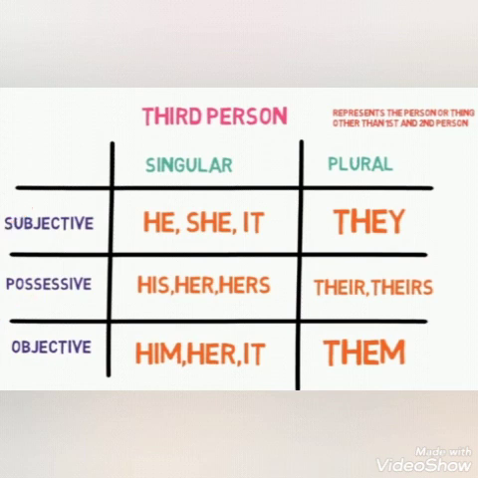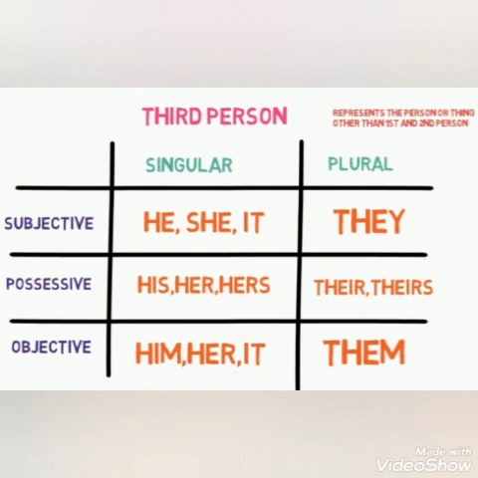For subjective, he, she, it are used for singular form and they is used for plural form. For possessive, his, her and hers are used in singular form and their and theirs are used for plural forms. And for objective, him, her and it are used in singular form and them is used in plural form.